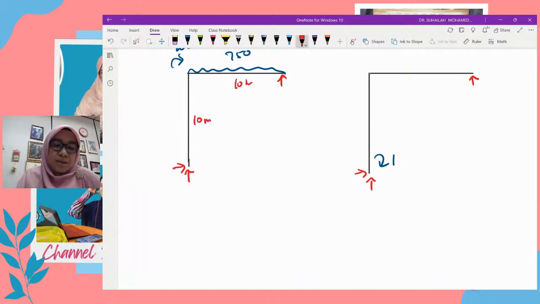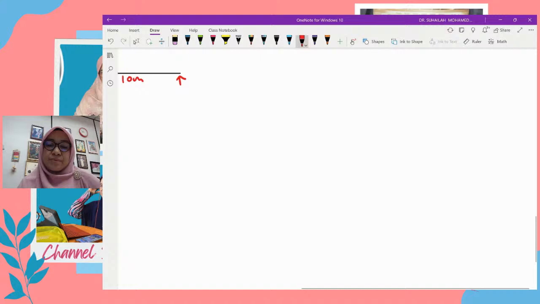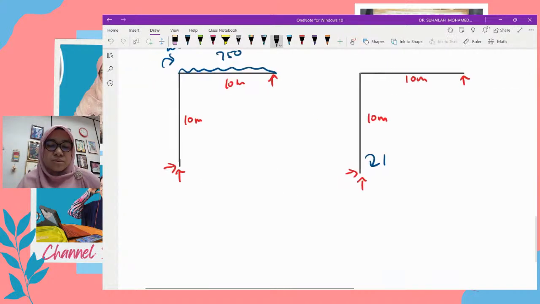So 10 meter, 10 meter, 10 meter, 10 meter. Okay, I will calculate here. For the reaction, take moment at A equal to 0.